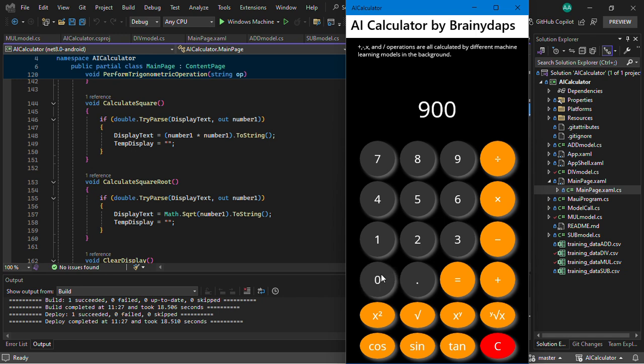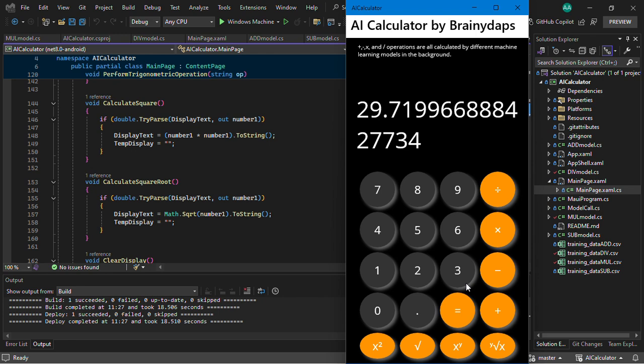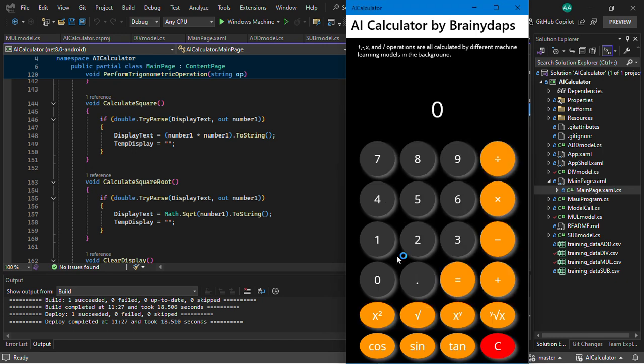Let's try 900 divided by 30. That's 30. Well, that's actually correct. So you see, sometimes it gets it, sometimes it just doesn't.